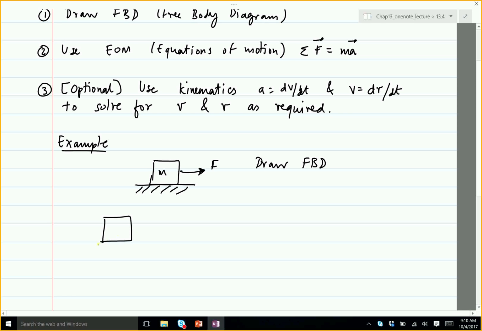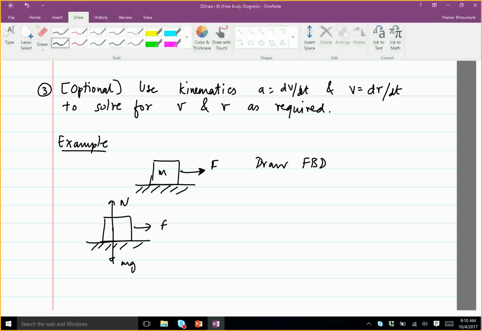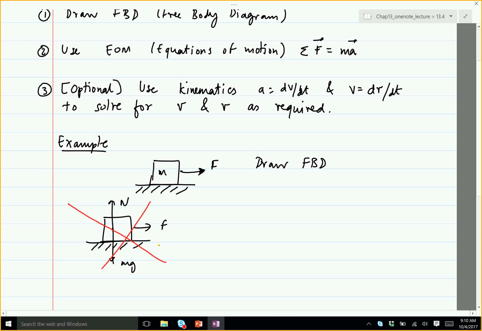If you draw this and then show mg and N and F, this is wrong, because the ground should not be shown. Okay, you could show the ground.